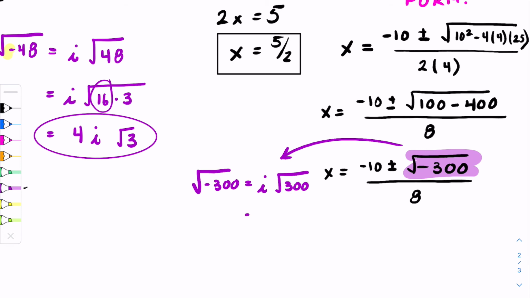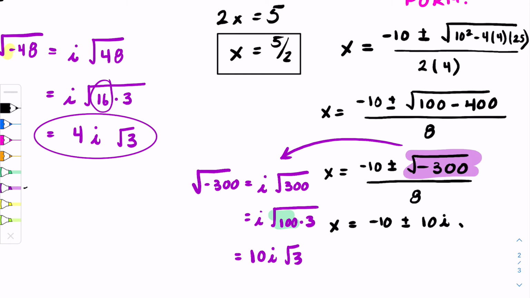So I can rewrite this as i times the square root of 100 times 3. The square root of 100 is 10. 10i square root of 3. This is what I'm going to substitute back into my expression. So x equals negative 10 plus or minus 10i times the square root of 3 divided by 8.